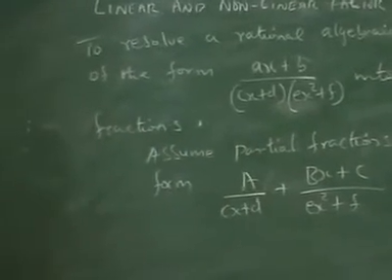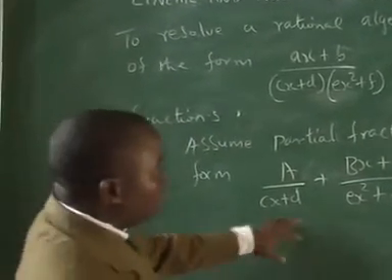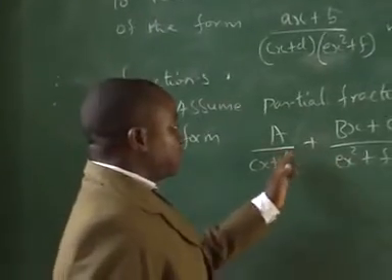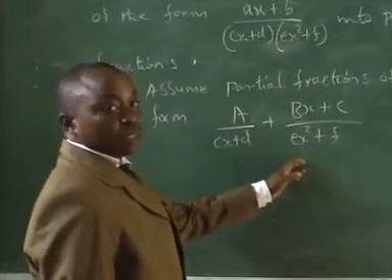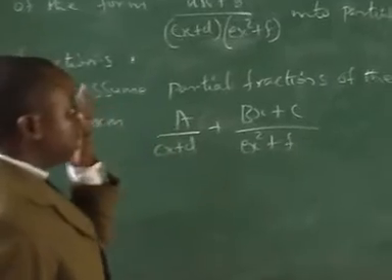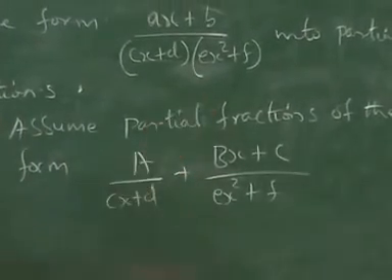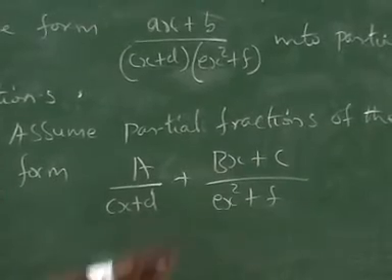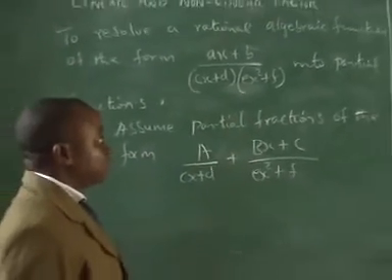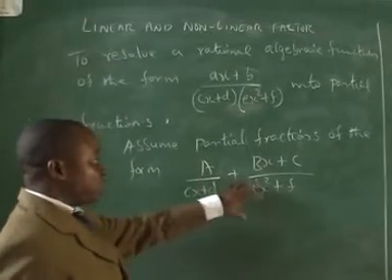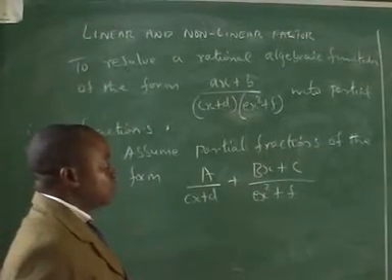That is what we will assume. We will assume a partial fraction of this one. The other one we say a plus b. But in this one where one is non-linear, especially when it is a quadratic factor, like I have quadratic here, then I will do it in this way.